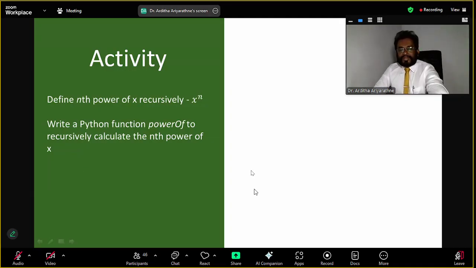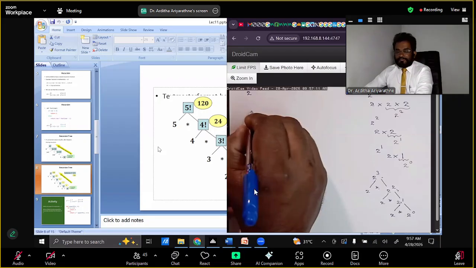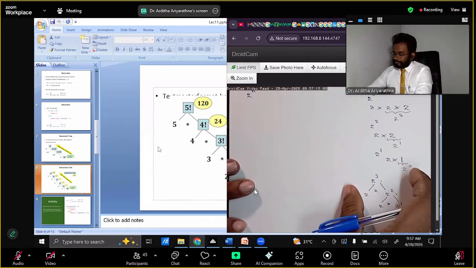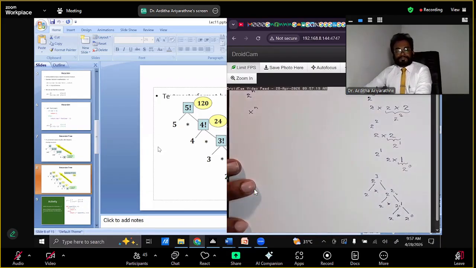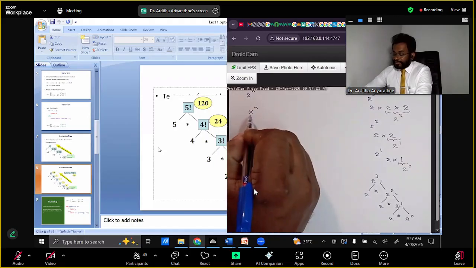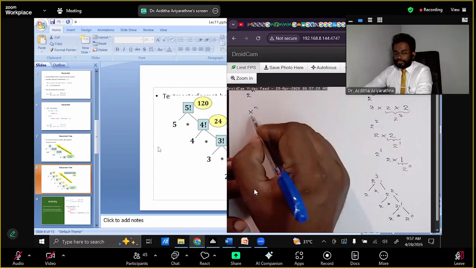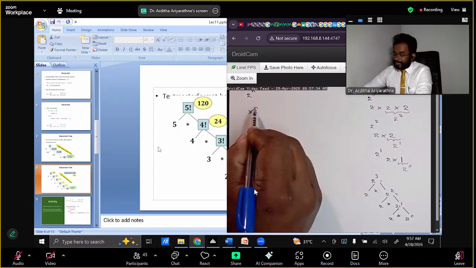We should find x to the power n. What does x to the power n mean here? We can put any number for x, just as an example like 2, and n means any power.